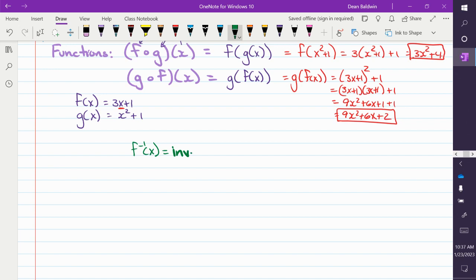So this is the inverse. It does not equal 1 over f of x, right? Those are not the same thing. 1 over f of x is a reciprocal transformation. F to the minus 1 is the inverse. And the inverse just means switch x, y values. That's it.